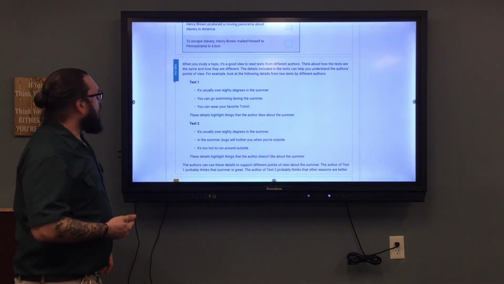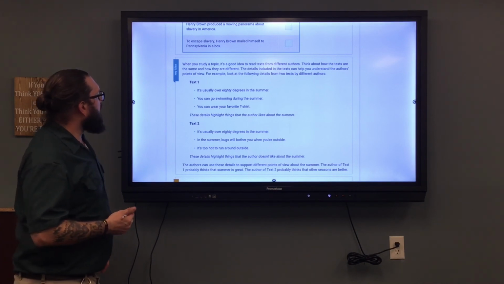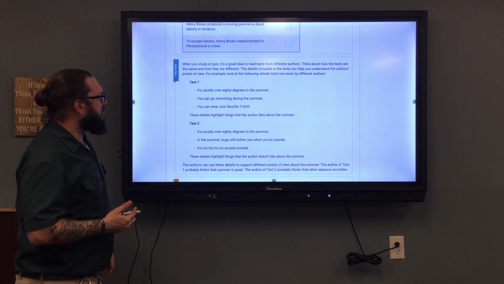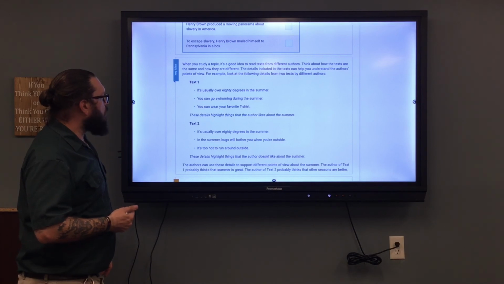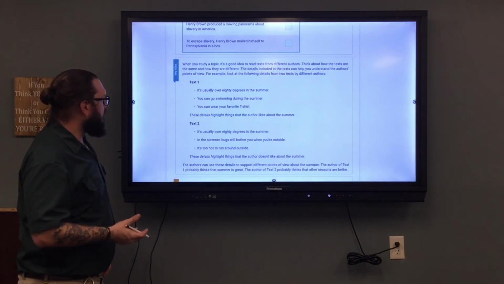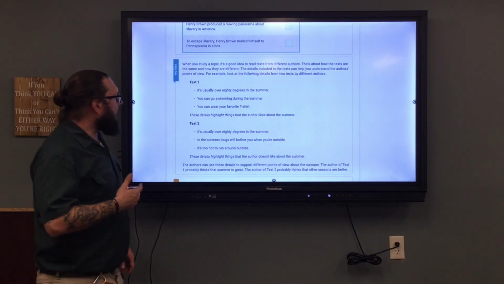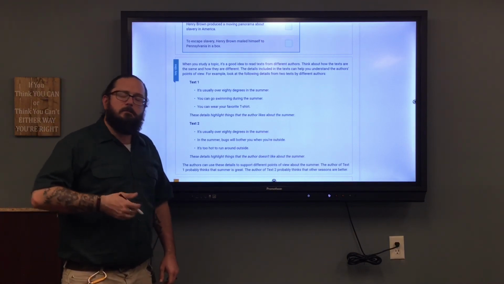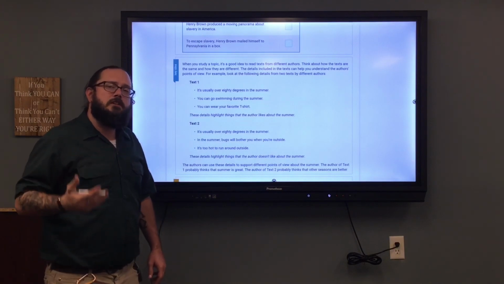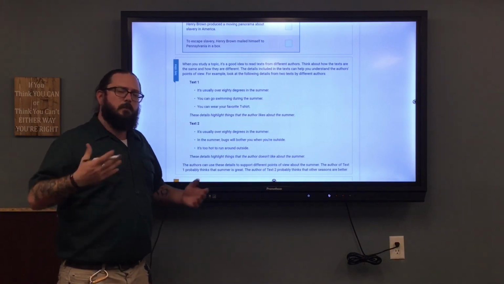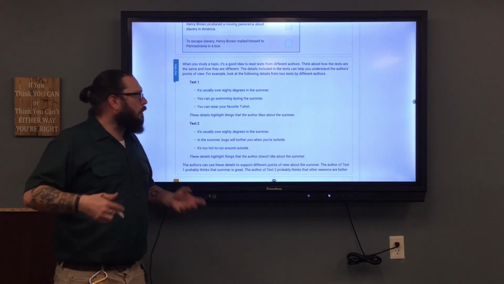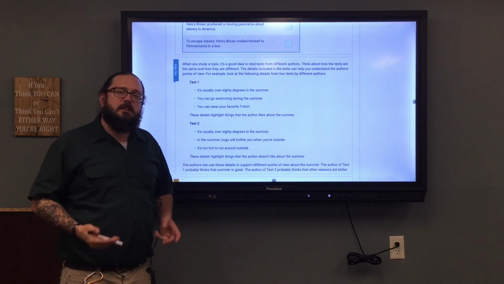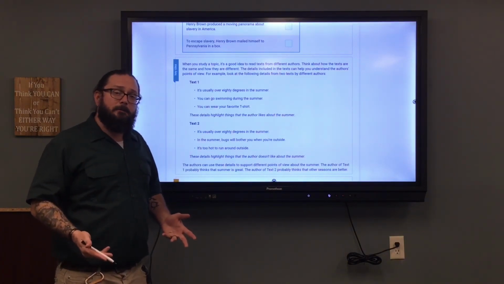In text 1, we are told that it is usually over 80 degrees in the summer. You can go swimming during the summer, and you can wear your favorite t-shirt. Now, these are details that an author would possibly use to provide evidence and reasons for what he or she likes about the summer.